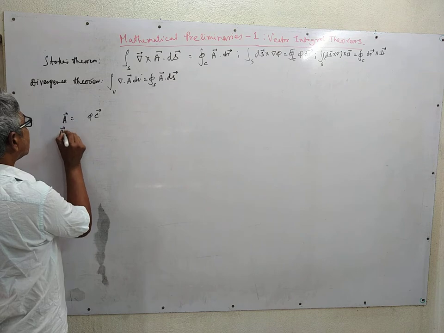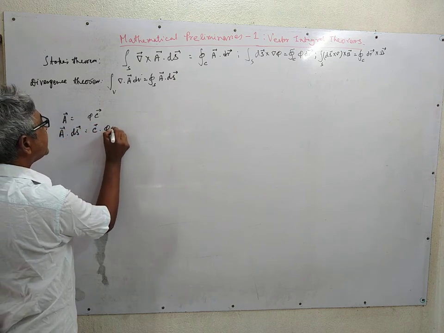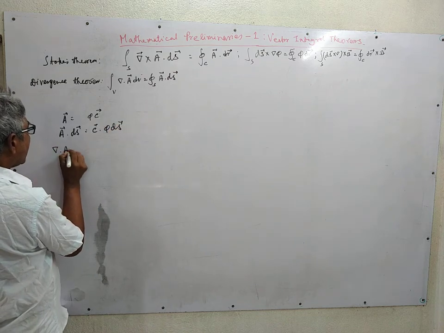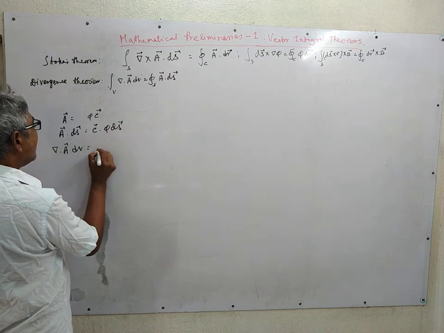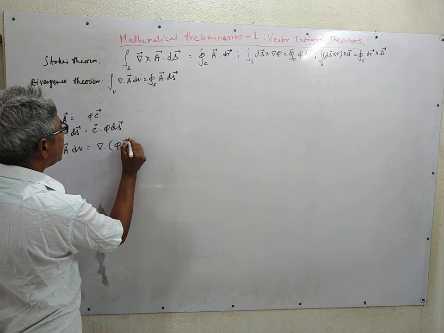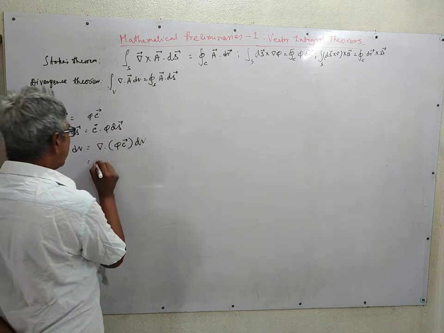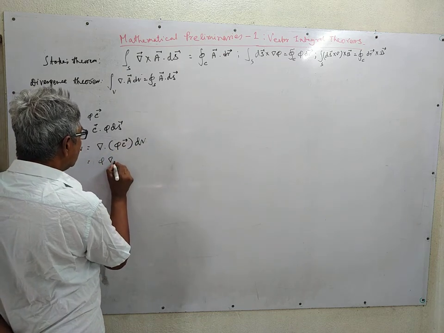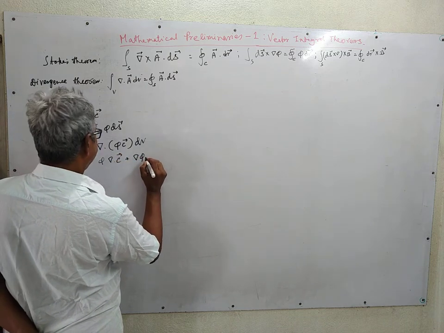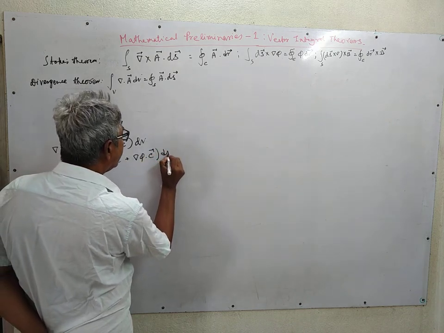So A dot ds becomes C dot phi ds, and divergence of A dv is equal to divergence of phi times C dv, and this part is phi times divergence C and grad phi dot C dv.